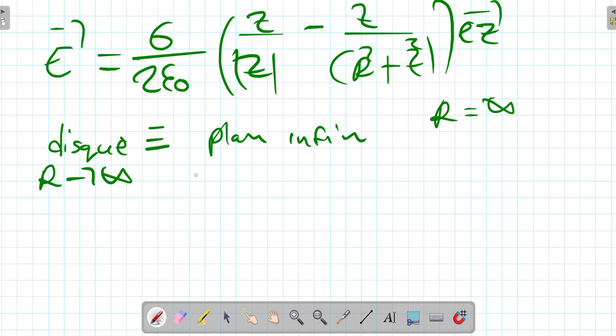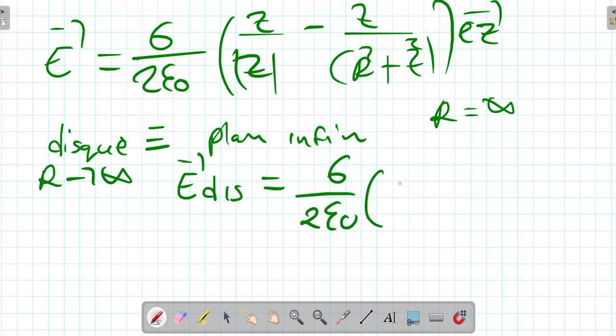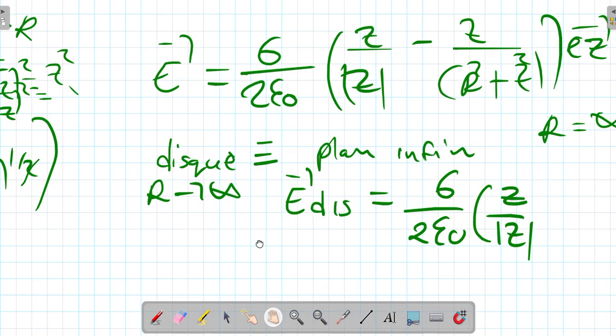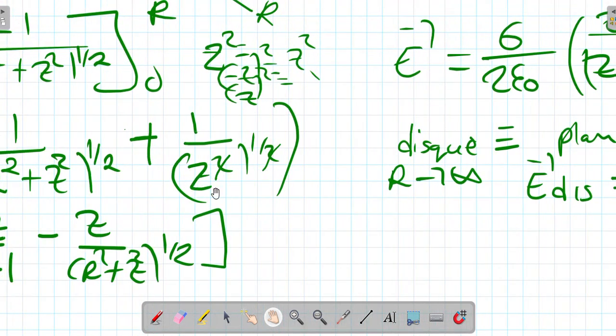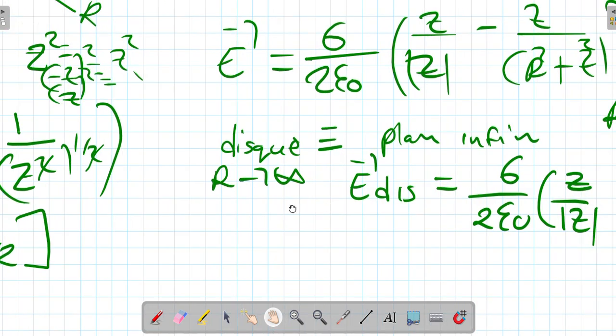So after getting the electrostatic field created by a disk, which is given by sigma over 2 epsilon 0, then z over absolute value of z. This absolute value can confuse you. Whenever you had z squared, when you take the square root you get z, so to be on the safe side, just put absolute value of z. Why?